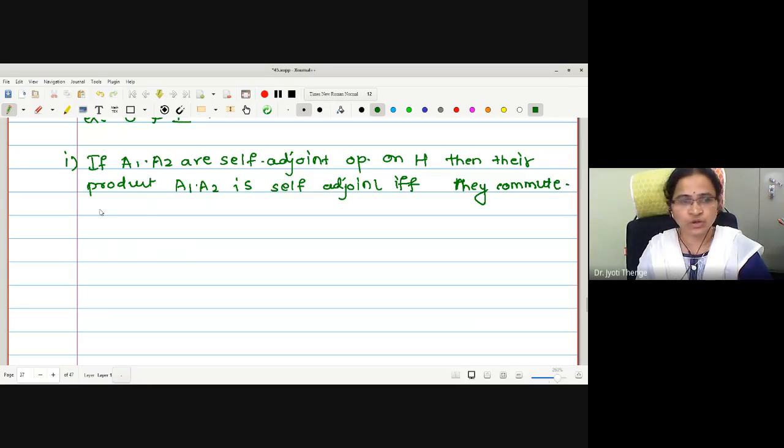Commute means A1 A2 is equal to A2 A1. This is one of the important properties.